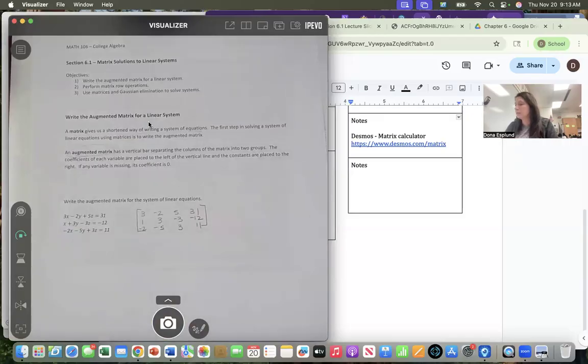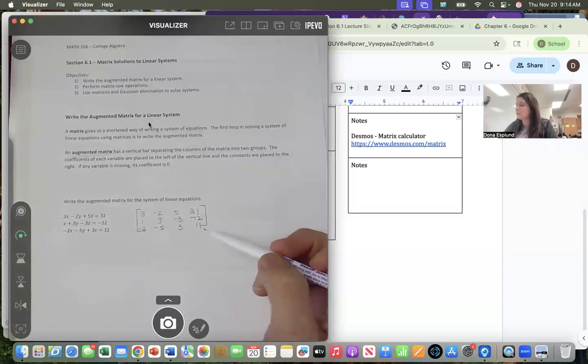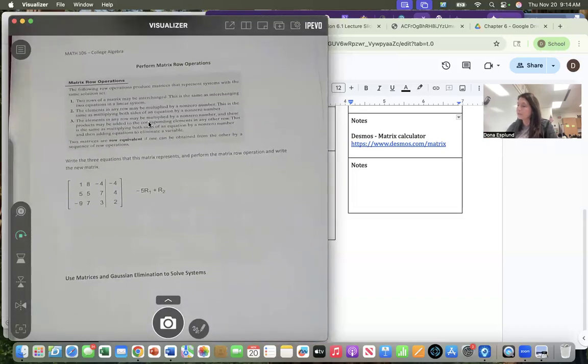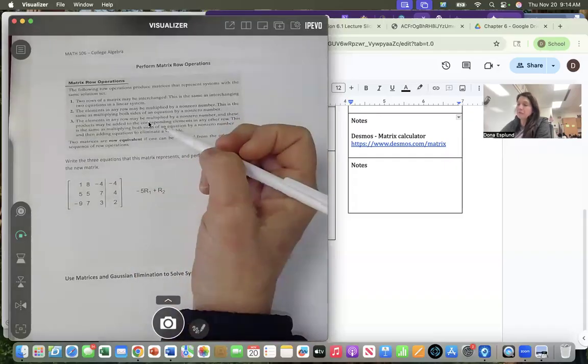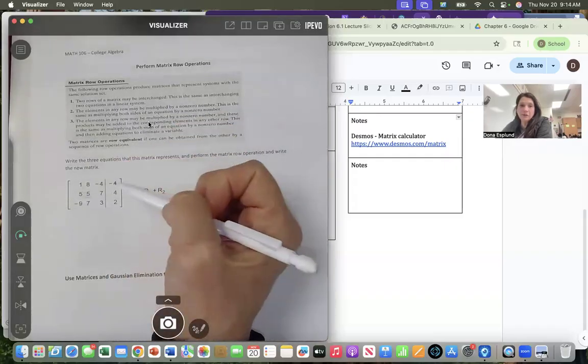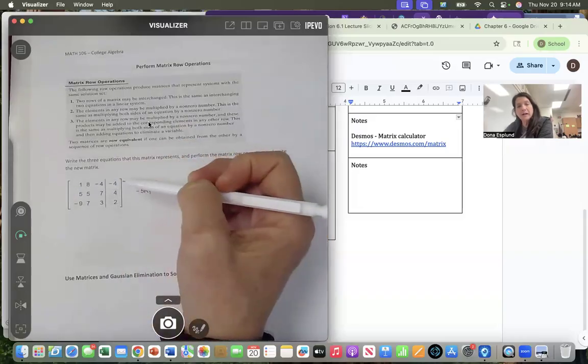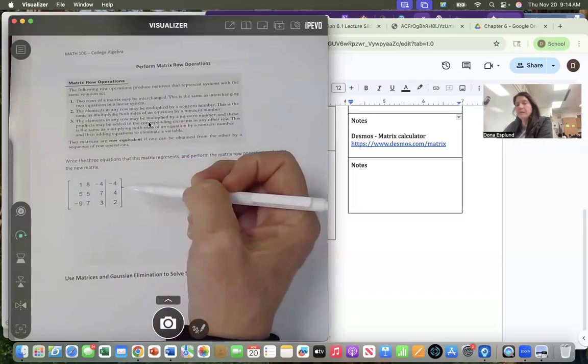This is what your calculator starts to do when we input that as a matrix. Then we're going to perform different operations. Just like we've done before, you can add, and you can multiply a row times a constant, and then you can add it.